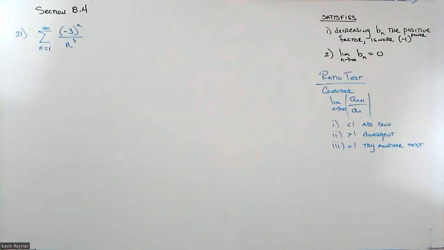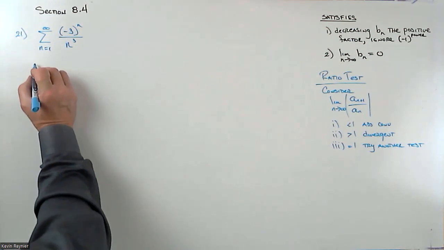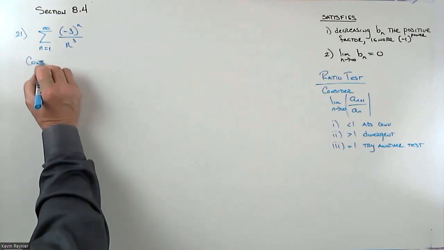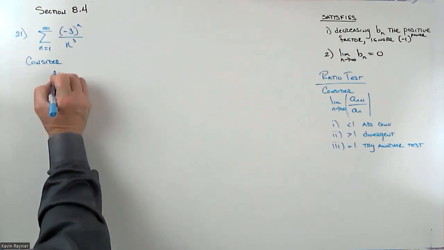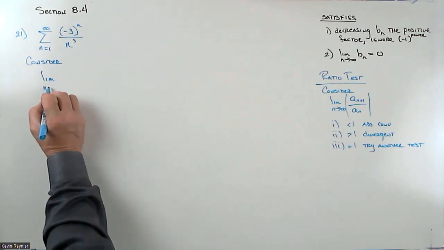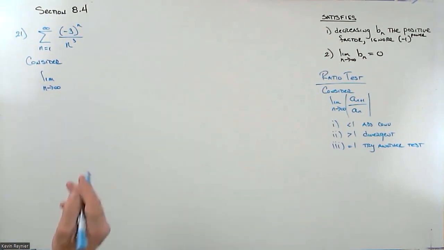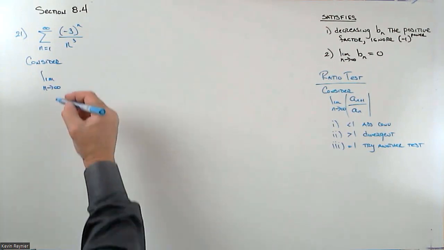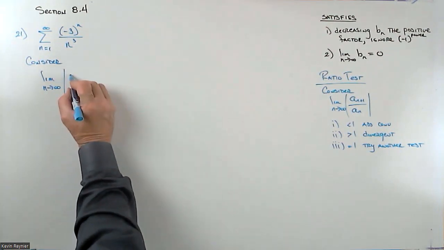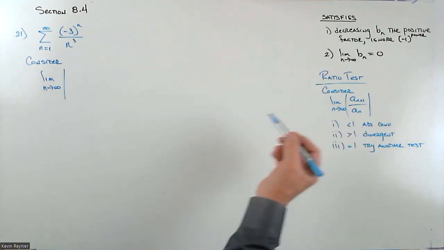All right, so we have this problem. Again, just to remind you, 21, determine whether the series is absolutely convergent. So we're going to consider the limit as n goes to infinity of the absolute value of a sub n plus 1 over a sub n.